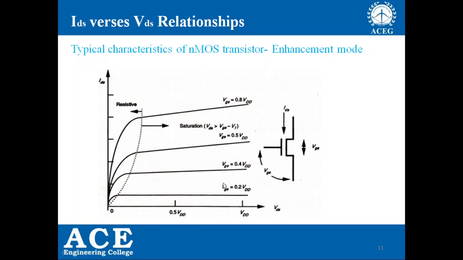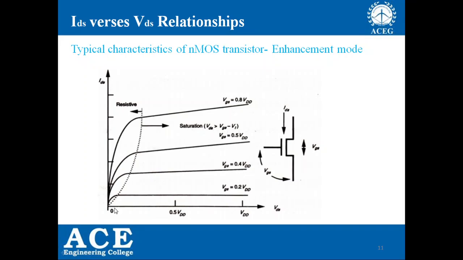So when VGS equals 0.2 VDD, we have some small current increasing with the increment of VDS, and even if we take VGS equal to 0.4 VDD, the current increases slowly. Whenever VDS equals VGS minus VT, the current will become constant hereafter.